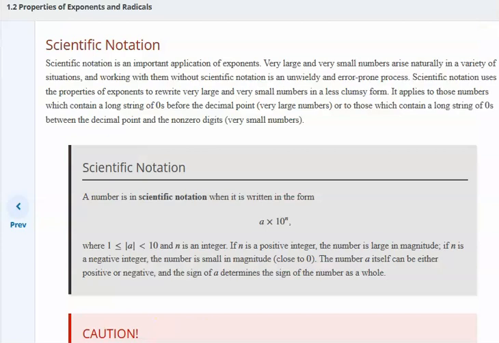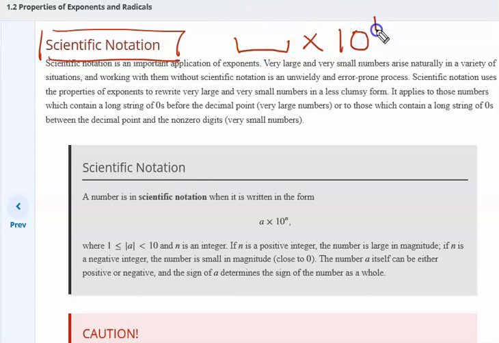Now, dealing with exponents, one of the types of notation often included is what we call scientific notation. And what is that? Well, it's some number between 1 and 10 times 10 to some exponent. This is the form of scientific notation.